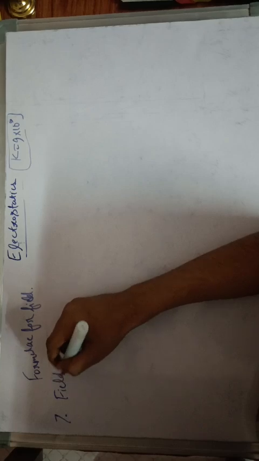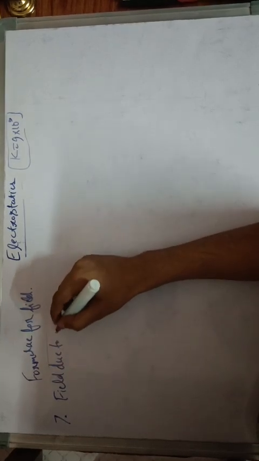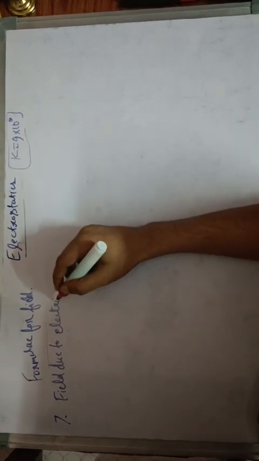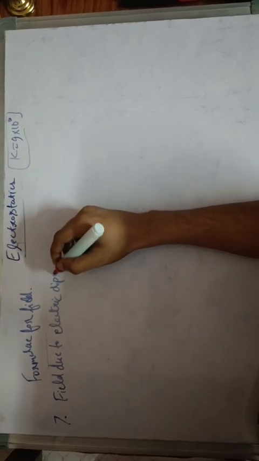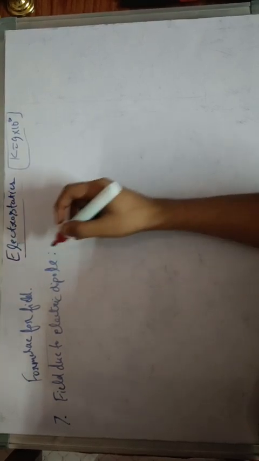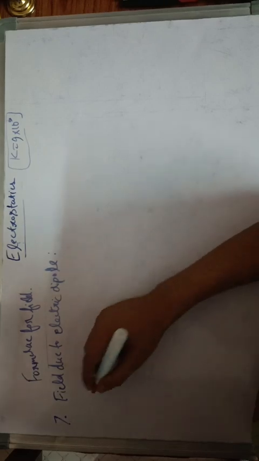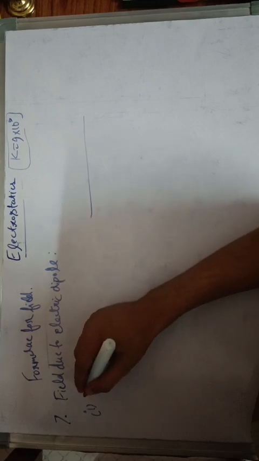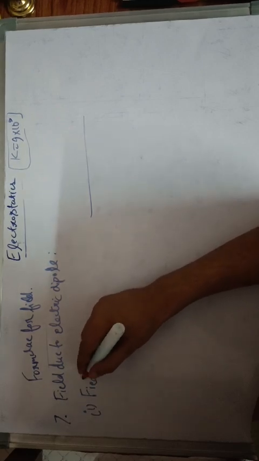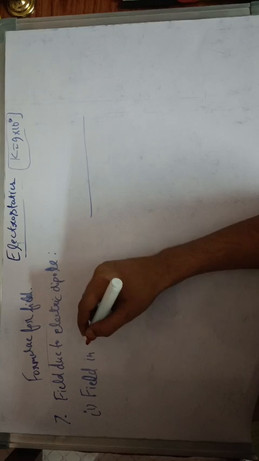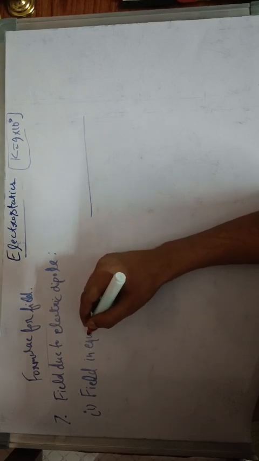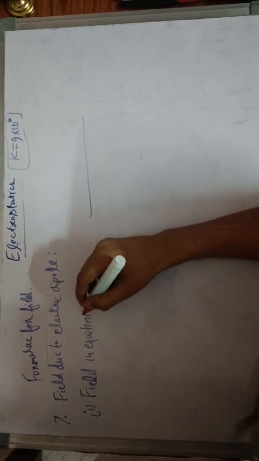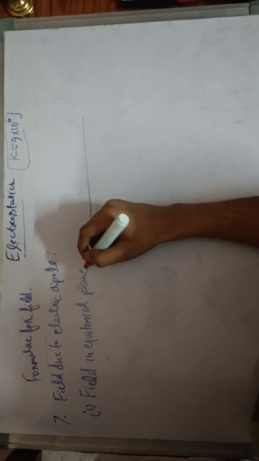Field due to electric dipole. So electric field due to a dipole is given by, we can make a few cases of it. First case would be field in equatorial plane.